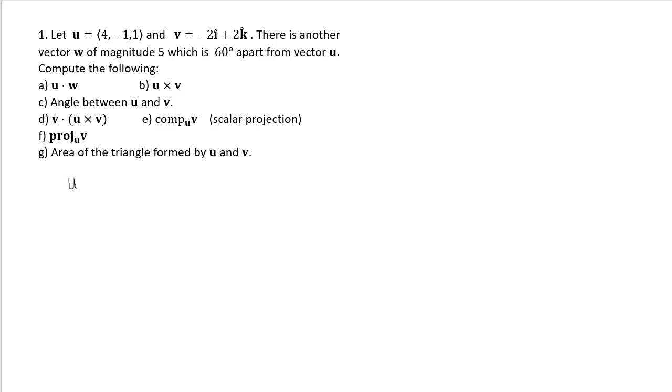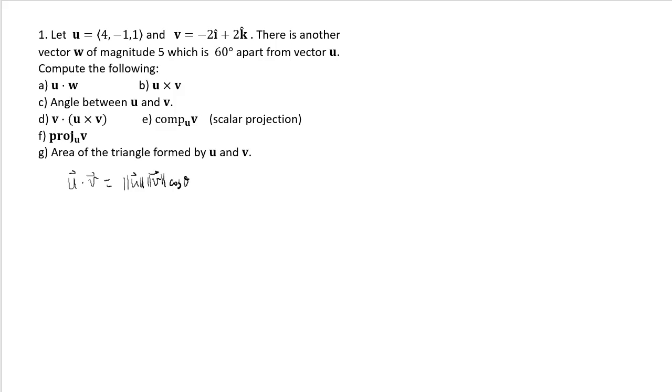The dot product is given as u dot v equals the norm of the first vector times the norm of the second vector times the cosine of the angle between them.